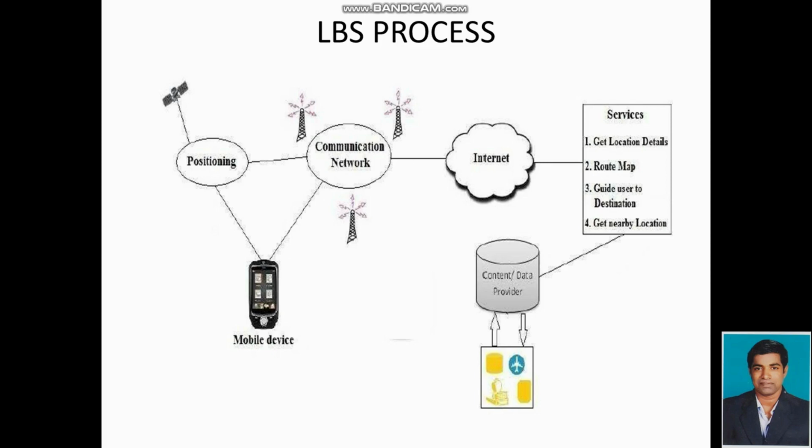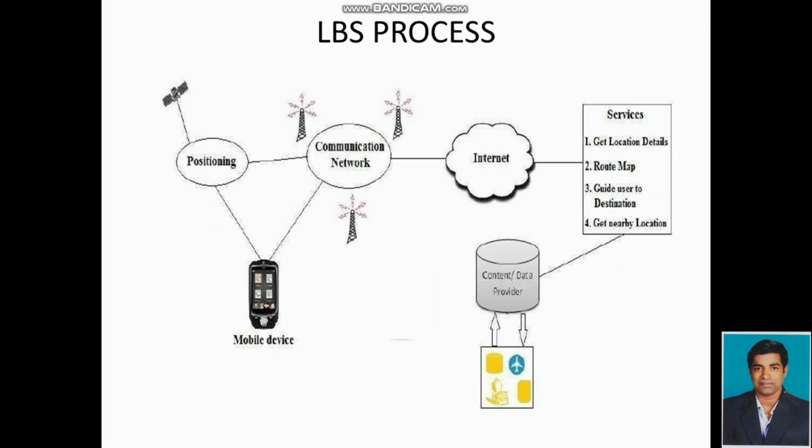LBS process is clearly explained in this slide. Here the satellite is sending the signals. Those signals are received by the mobile device through positioning, and in this communication network, different radio towers are interconnected with the mobile switching network and the base station.